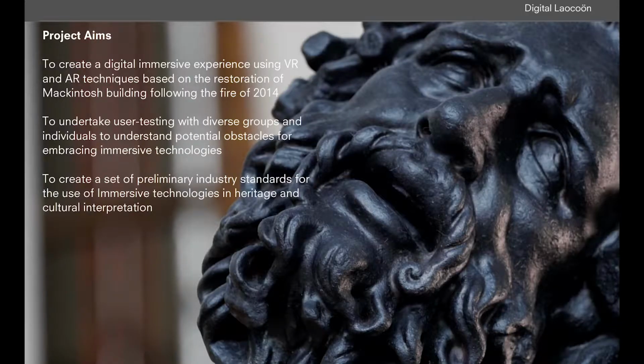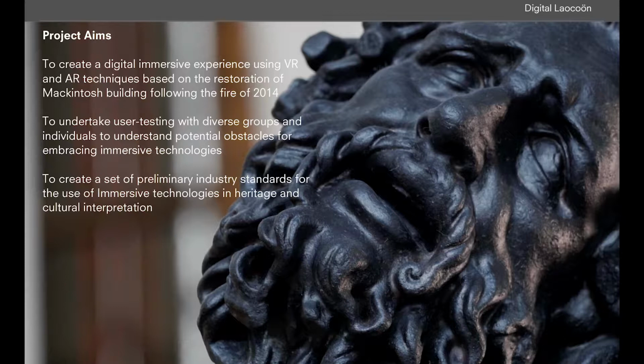We had three key aims in our project. We're interested in looking at the obstacles that organisations have when they're trying to put together immersive digital experiences in a museum context. And we were interested in seeing if we could start to develop some basic, rudimentary framework to help people overcome these types of obstacles.